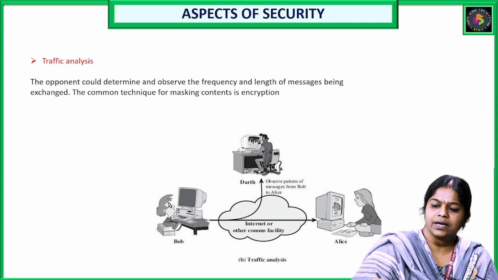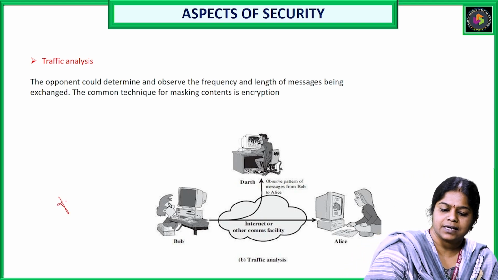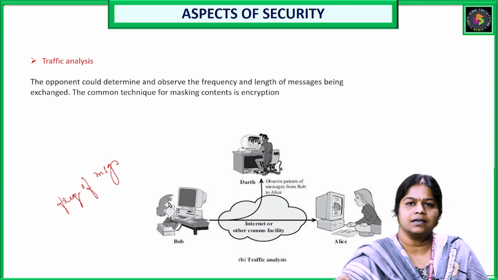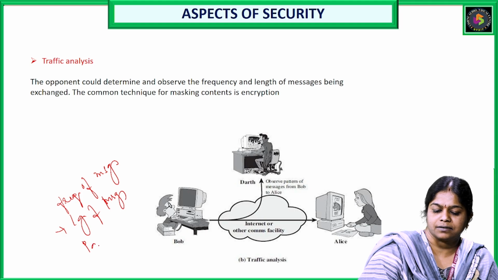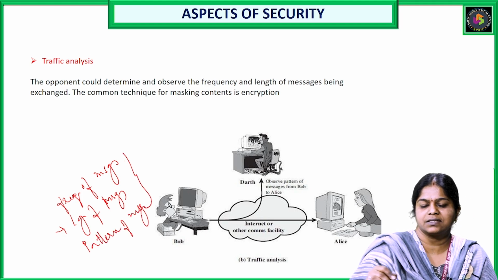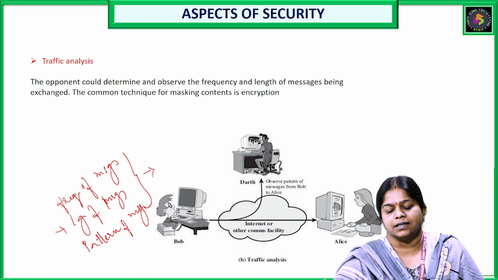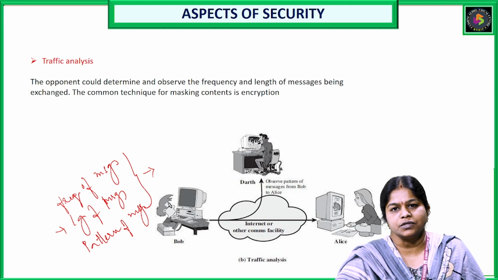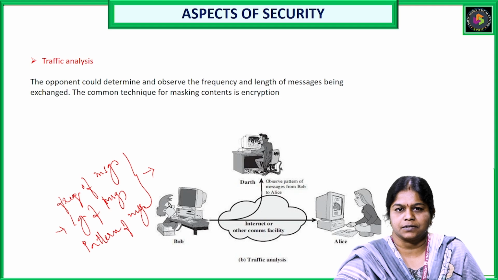But what he is doing here is analyzing the frequency of messages, like the length of the message or the pattern of messages. He is analyzing all these things, and from this he'll get an idea of what Bob wants to communicate to Alice. This is one type of passive attack.